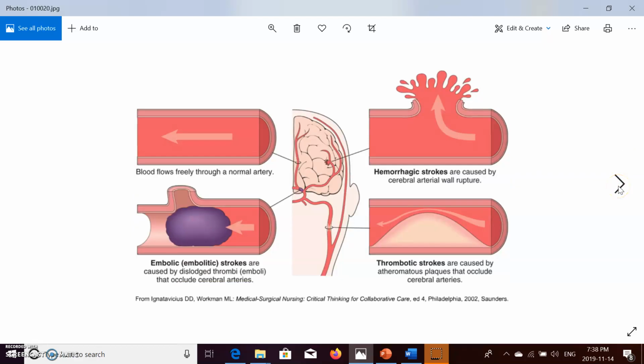This is an example, again on page 369 in your textbook. We were talking about a cerebral vascular accident, when somebody has a stroke. Literally what happens with a stroke is you have a hemorrhage that occurs somewhere in the cerebrum most often.